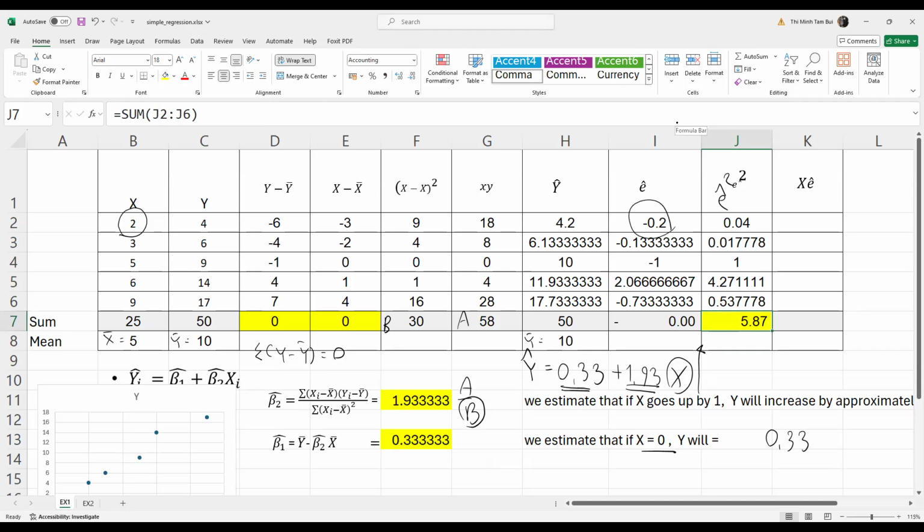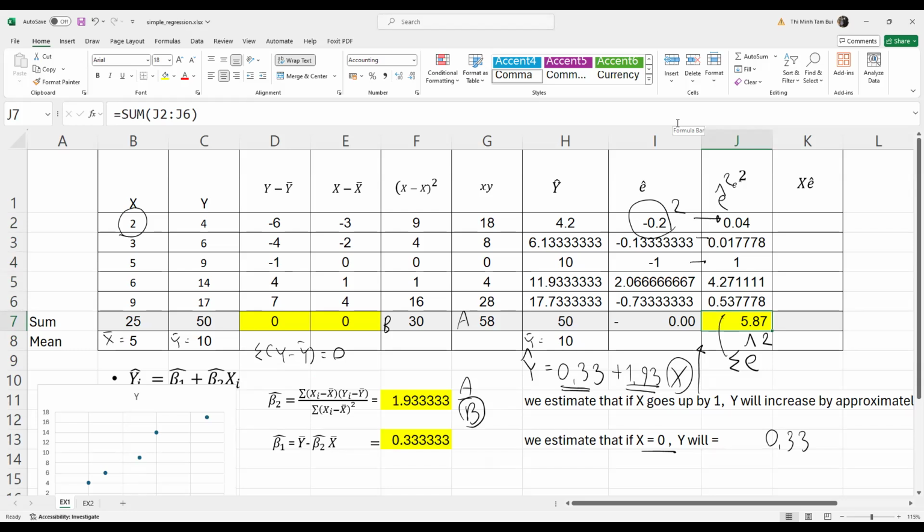You use this one squared to become this one. And then this cell will represent sigma error hat square. Good.